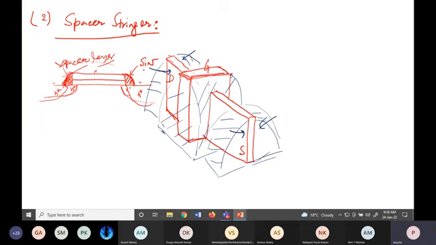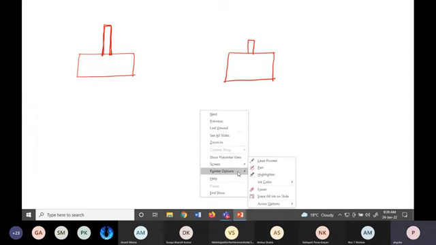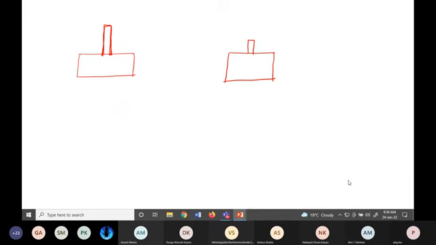So if I take a cross section and look at the cross-sectional view across the gate, this is the spacer layer, and around source and drain, this is the spacer layer.